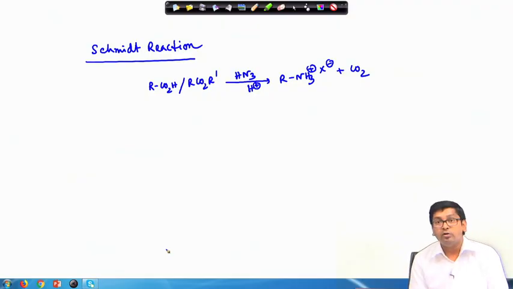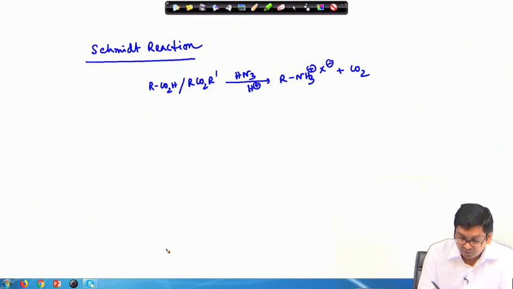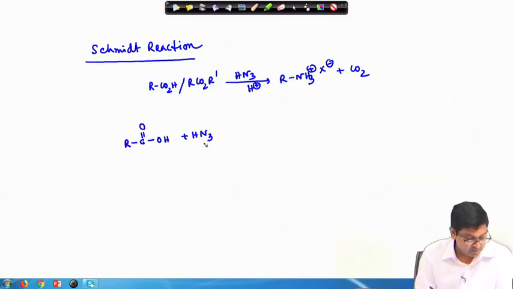In this case also the leaving group is nitrogen, and the main reaction happens through this 1-2 migration. So, if we see the reaction mechanism, okay.